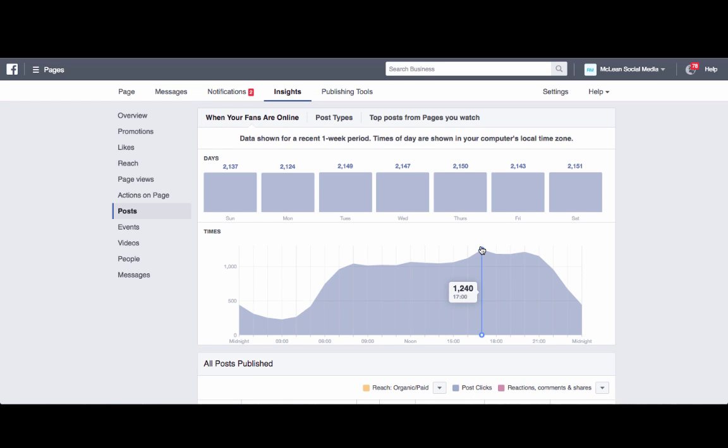This is when we clock off, so this might be a lot of people as soon as they finish work, they're jumping on their mobiles or their iPads or whatever just to see what's going on. And then again, just after dinner, kids are asleep, putting your feet up, and you're checking out Facebook on your phone or your iPad or whatever it is.